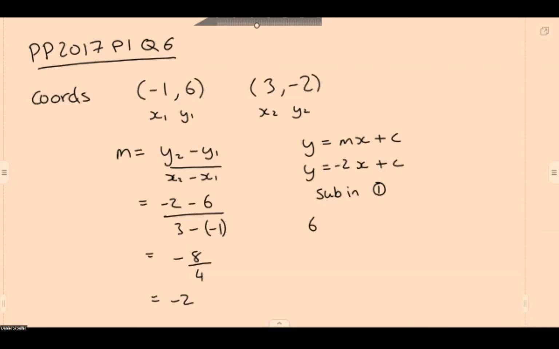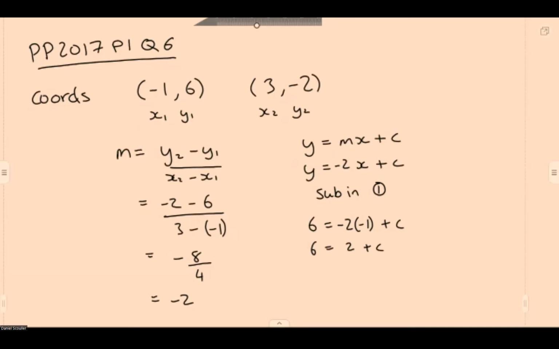So where the y is, I'm going to put the y coordinate. That -2 is there, multiplied by my x coordinate, which is -1, and plus c. I'm going to rearrange this to find c. Just break that bracket. That will just become the number 2 because it's -2 times -1. When we multiply negatives, we're getting a positive, plus c.